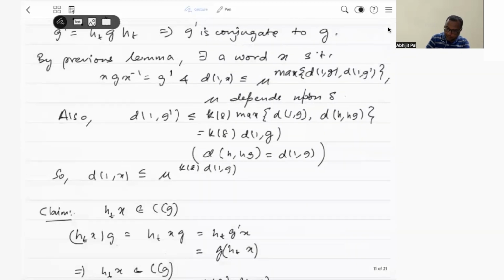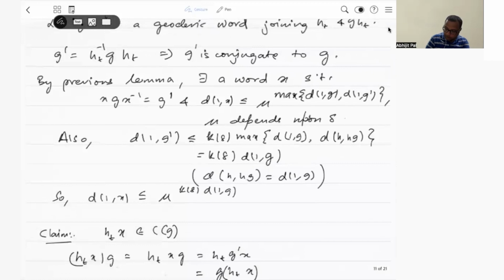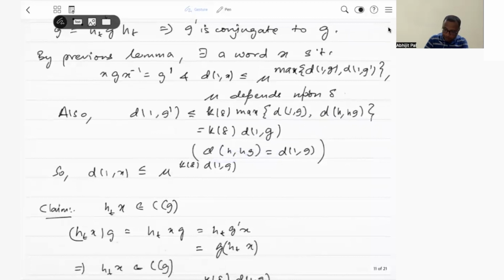So that is the thing I have written here. Yes, the distance from 1 to g' is less than or equal to K delta times the maximum of these two distances. And the distance between 1 and g is the same as the distance between h and hg, so this is equal to K delta times the distance between 1 and g. So from this inequality, the distance between 1 and x is less than or equal to mu to the power K delta times the distance between 1 and g.